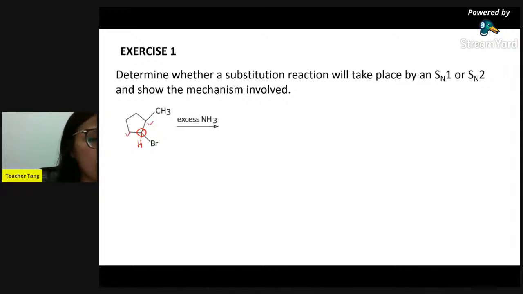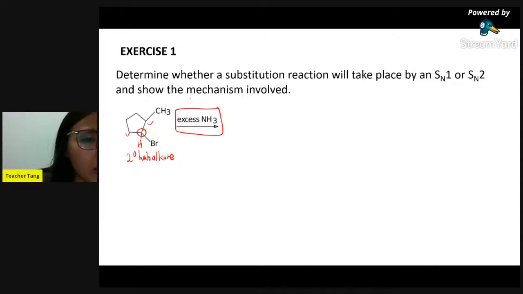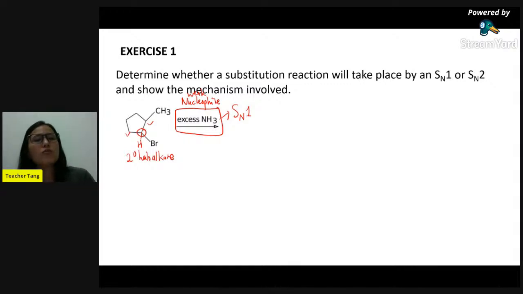So this is a secondary haloalkane. If secondary haloalkane, we need to look at the nucleophile. This nucleophile is a weak nucleophile. So if weak nucleophile, it will proceed through SN1.